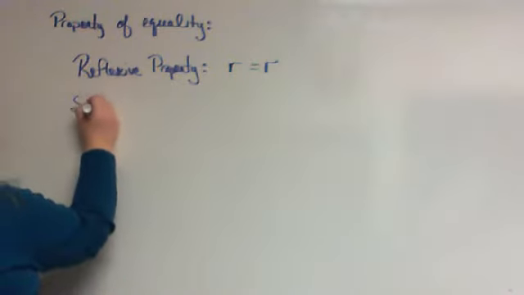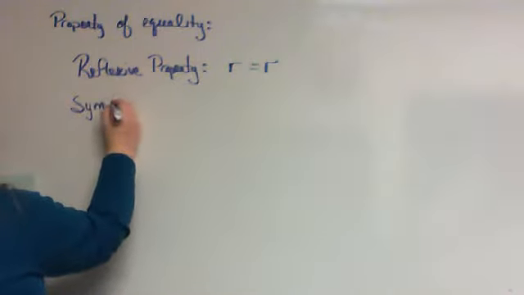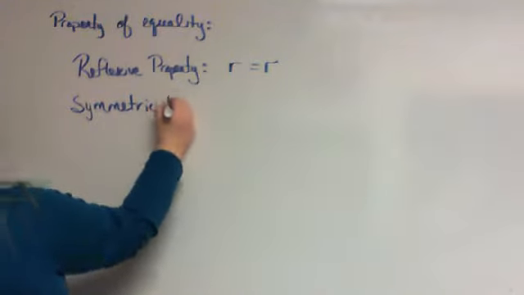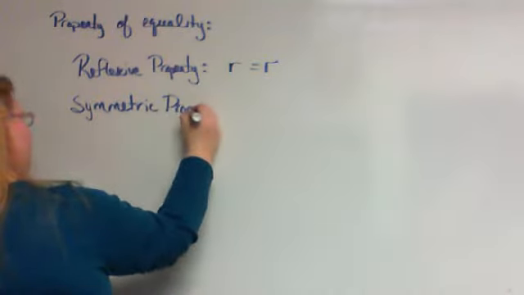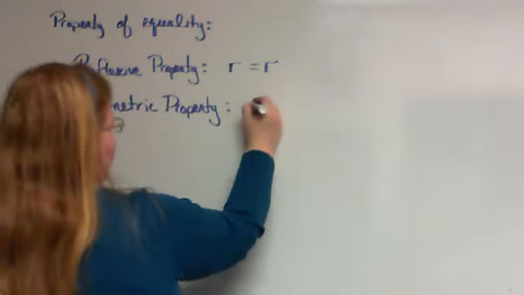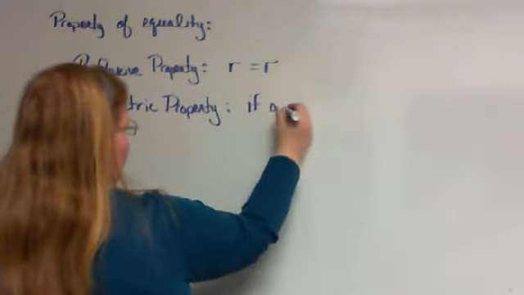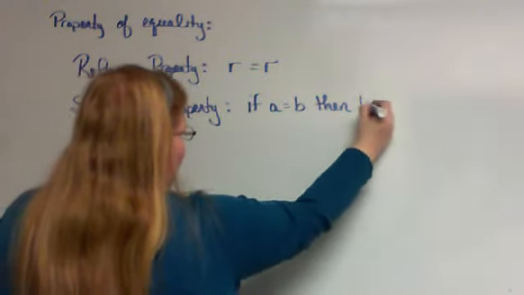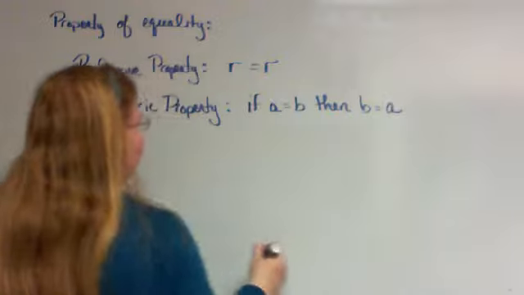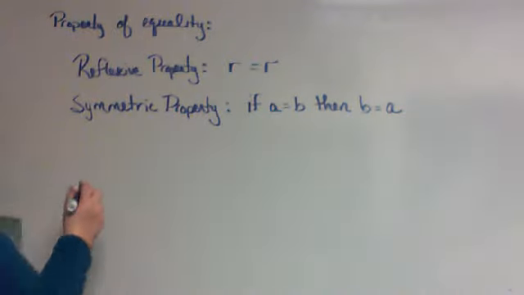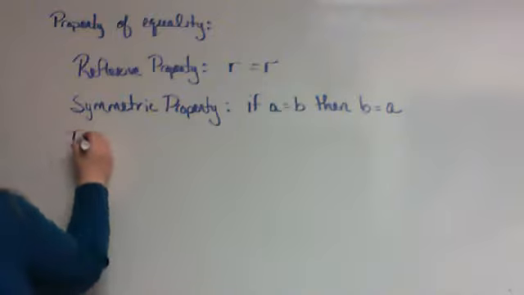You have the symmetric property, which says if A is equal to B, then B is equal to A. If it's one way, then it has to be the other. And then you have the transitive property.